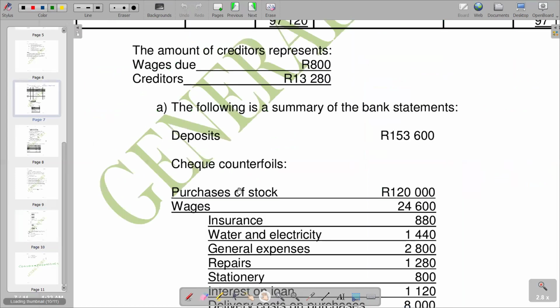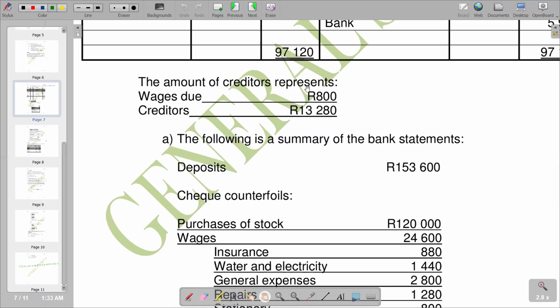So we go to our bank transactions. Obviously, that's where we have most of our expenses. You see that we have got our wages, which is the first expense that we are seeing, 24,600. But if you come here at the beginning of the period, you see that we've got an amount of credit that represents wages due, 800 rands.